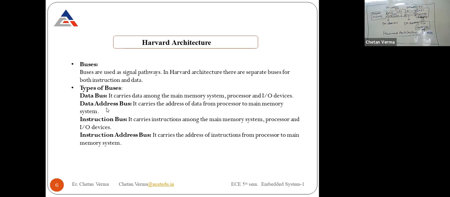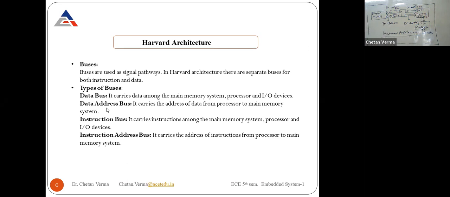The third one is the instruction bus. The instruction bus carries instructions among the main memory system, processor, and the input output devices. The next one is the instruction address bus. It carries the address of the instruction from the processor to the main memory.